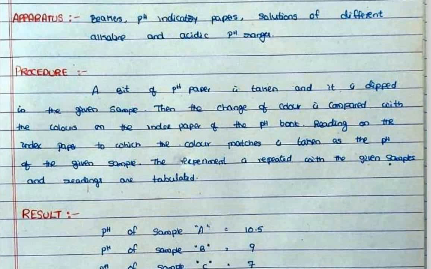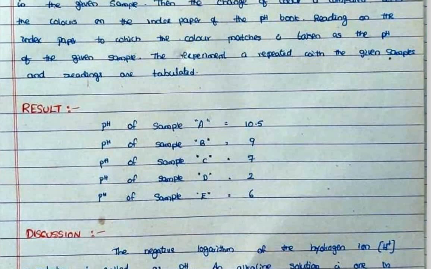The reading on the index paper to which the color matches is taken as the pH of the given sample. The experiment is repeated with the given samples and readings are tabulated. Okay, so after that, results: pH of samples A, B, C, D, E. Okay, after that, discussions.